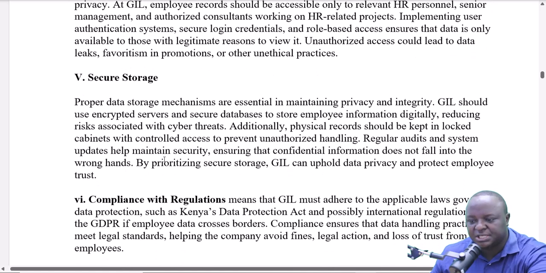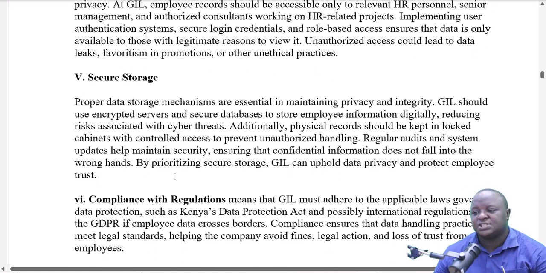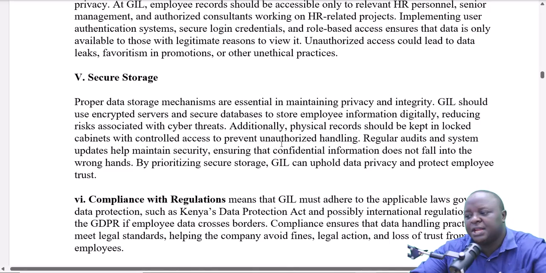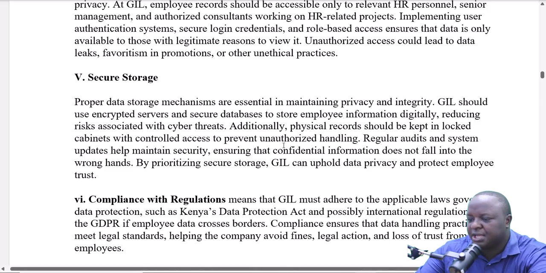Secure storage. There should be proper data storage mechanisms, which are essential in maintaining privacy and integrity. Guild should use encrypted servers and secure databases to store employee information digitally, reducing risks associated with cyber threats. Additionally, physical records should be kept in locked cabinets with controlled access to prevent unauthorized handling.